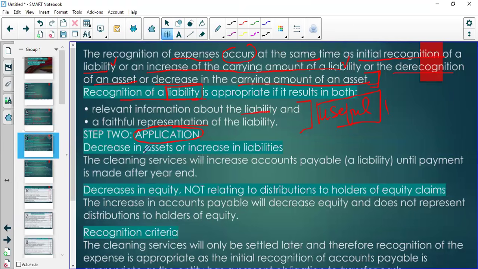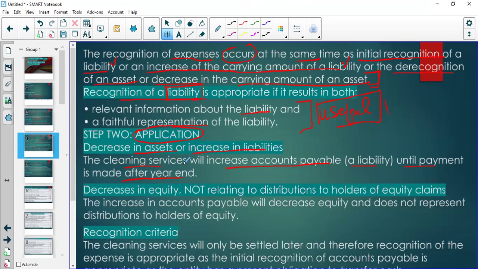So do we see a decrease in assets here, or an increase in liabilities? The cleaning service that was provided will increase accounts payable, or trade payables, which is a liability, until payment is made after year end.